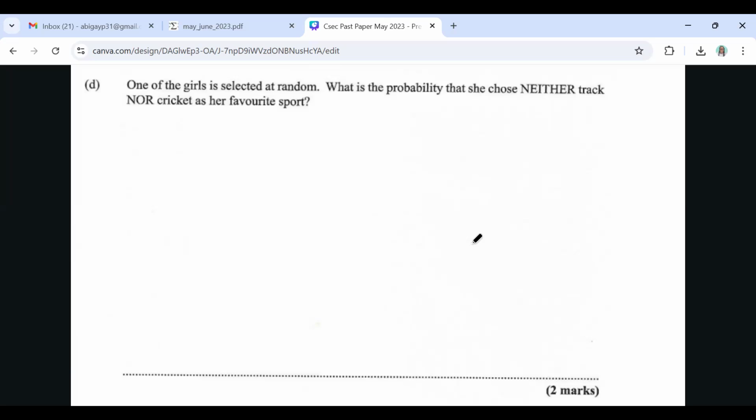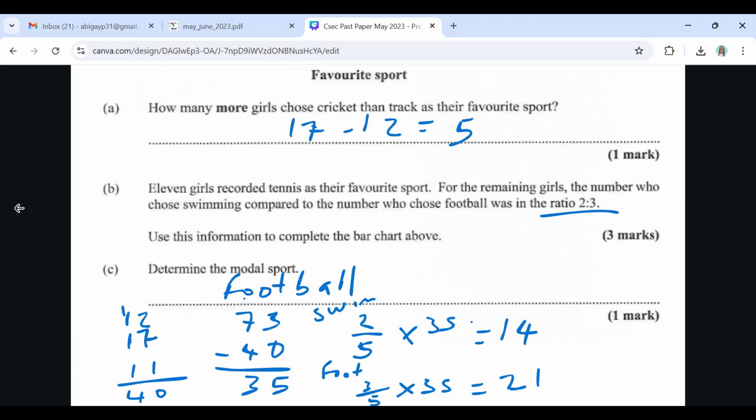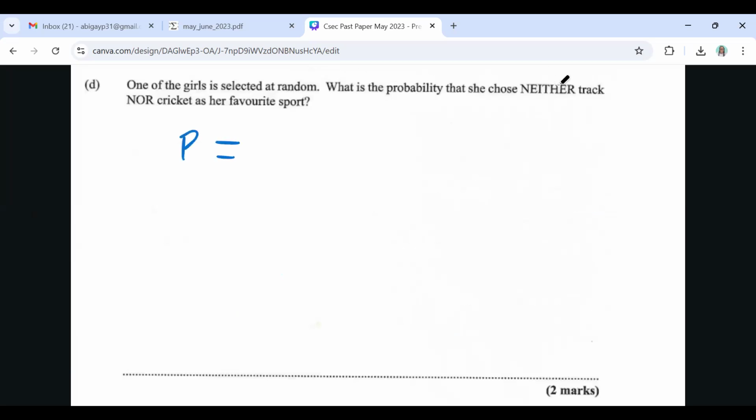All right. This says one of the girls is selected at random. What is the probability she chose neither track nor cricket as her favorite sport? So you're going to add up everything other than track or cricket.